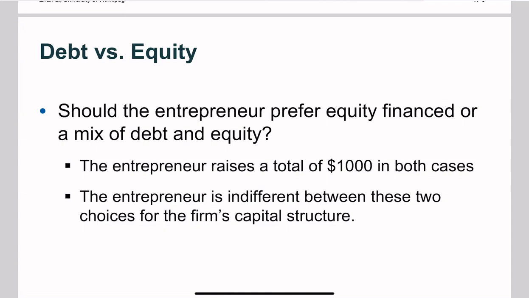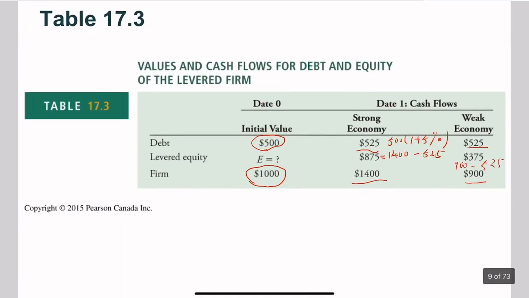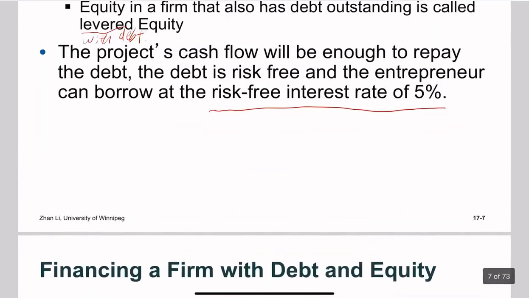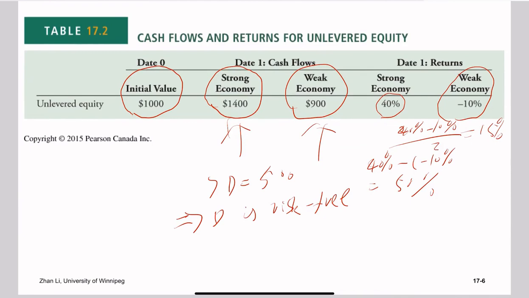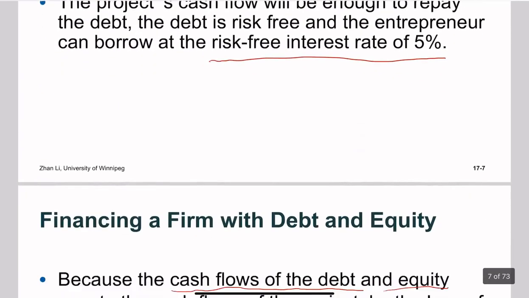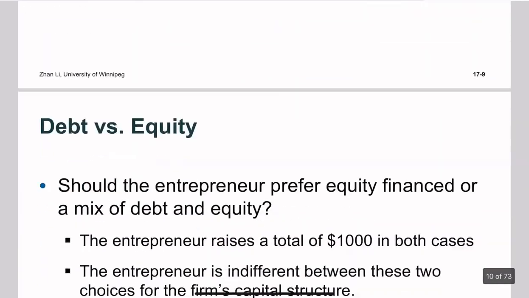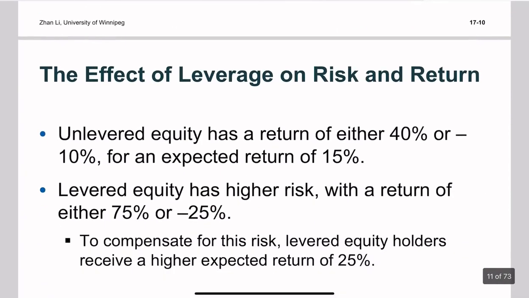Basically, the entrepreneur will raise $1,000 if he uses debt and equity. And then he will again raise the same amount, $1,000, if he uses only equity, right? So you can see that the entrepreneur will be indifferent between these two forms of financing.